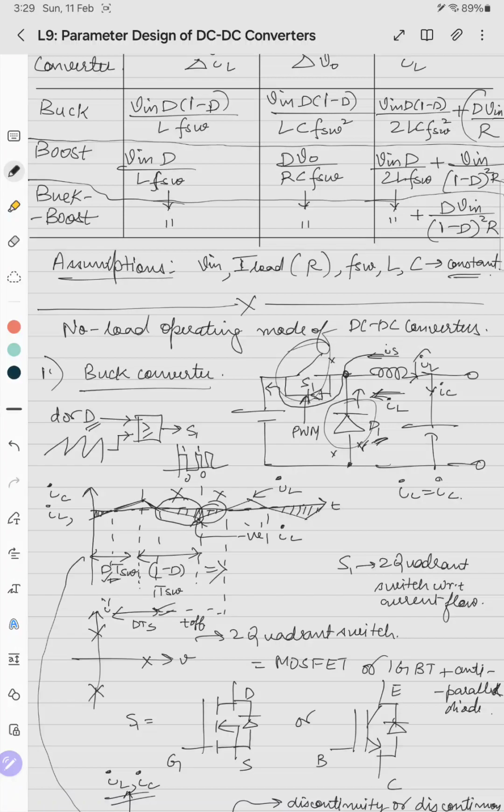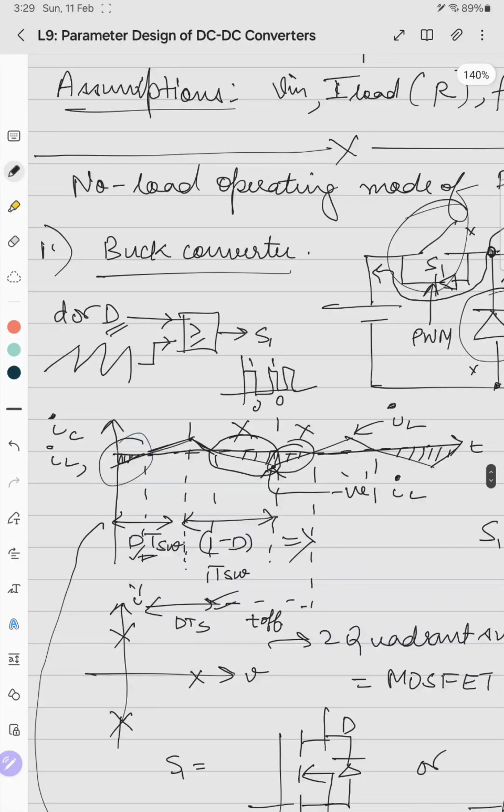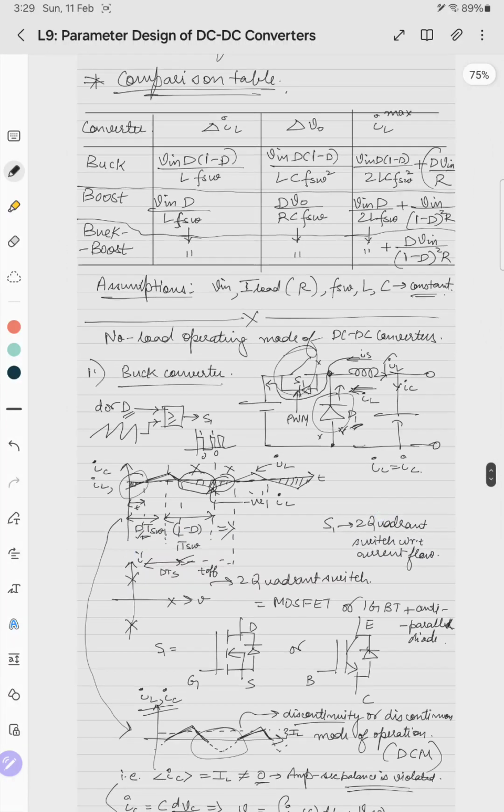So our volt second balance will be V on into T on plus V off into T off plus one more term, that is the value of the inductor voltage when the switch as well as the diode is off, into some time T. That T is the time during which the switch is off and the current is negative. So a third switching condition comes into the picture for discontinuous mode.